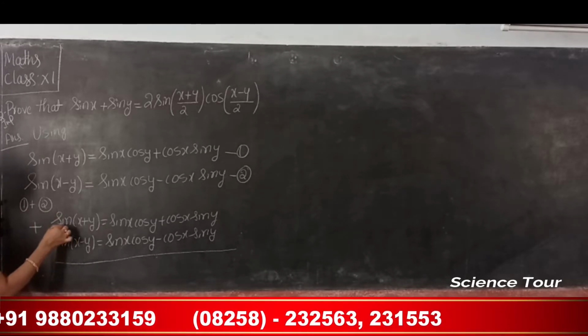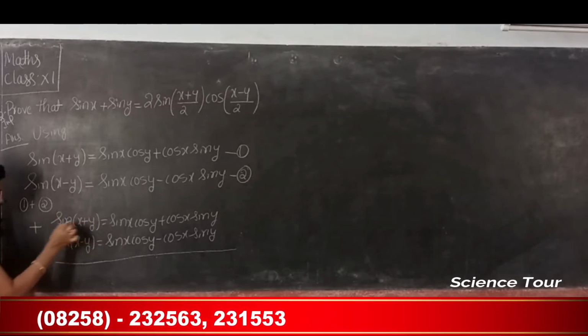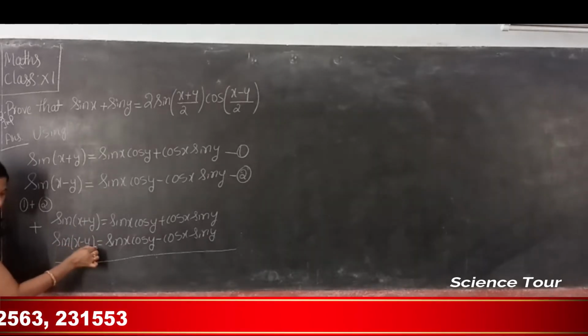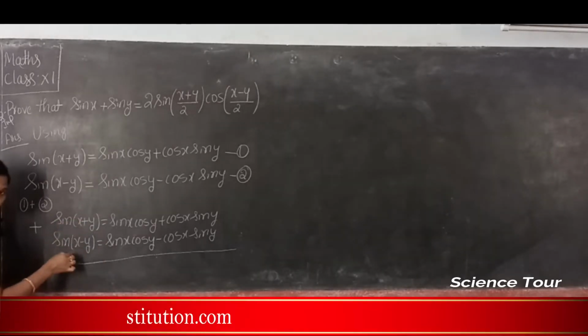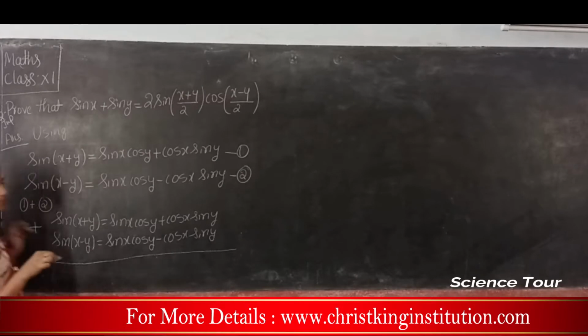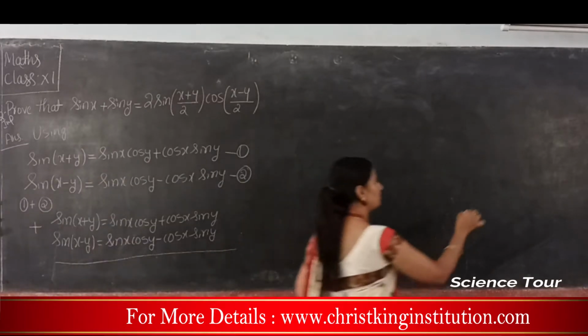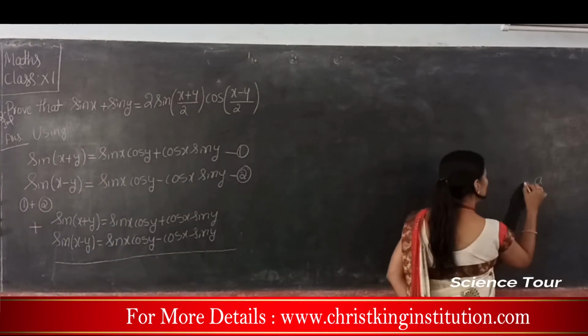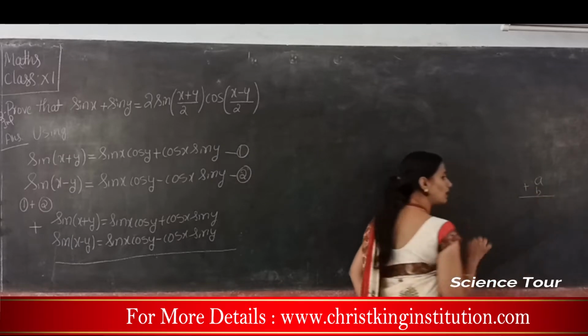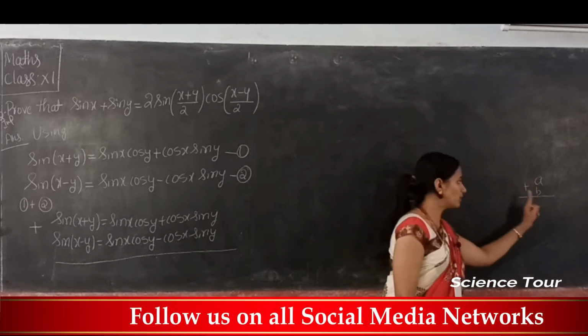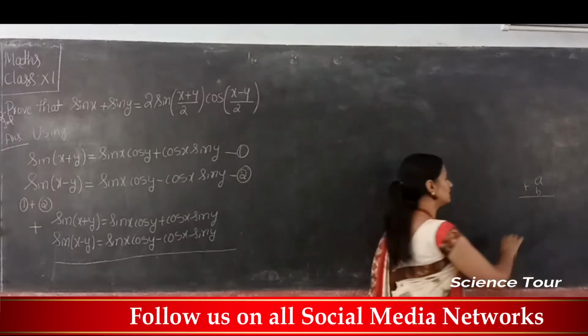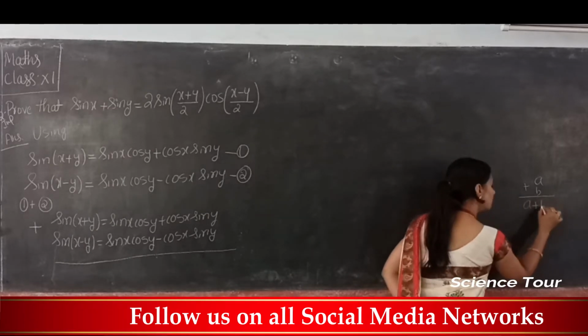See here, sin (x plus y) and sin (x minus y). Are these equal? No, right? Suppose it is a and b, where a is different and b is different. So the answer is a plus b, right?